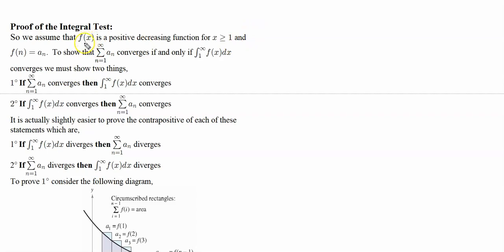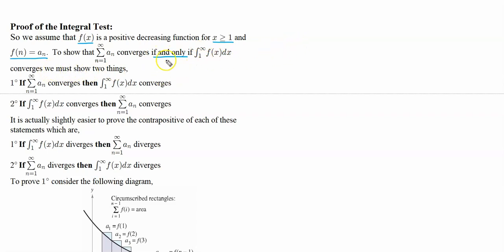We assume that the conditions of the integral test are satisfied. We have a function f of x that is positive, decreasing for x bigger than or equal to 1, and also that f of n equals a_n. Now, to show that the summation converges if and only if the integral converges, you must do 2 things.